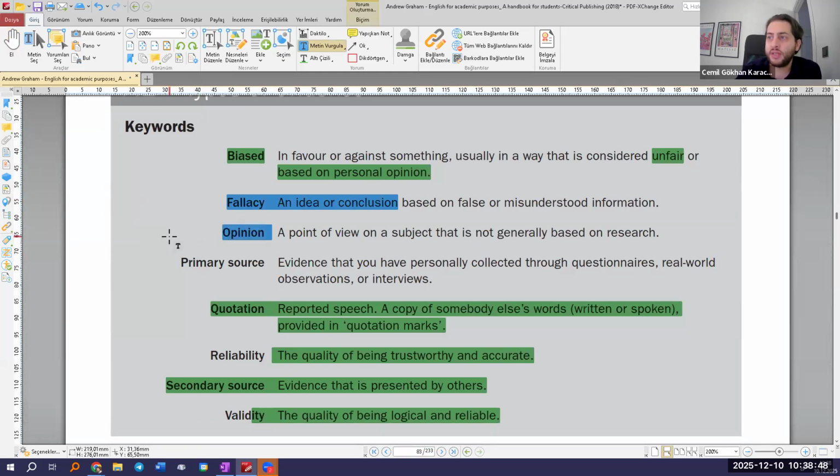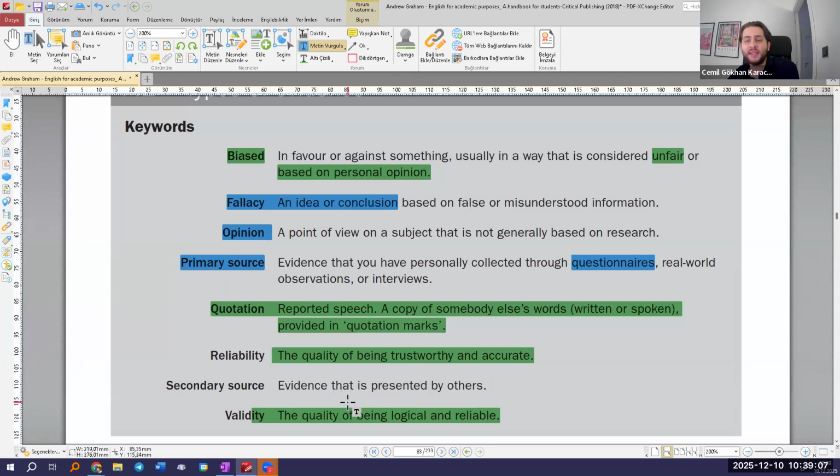And primary source is the evidence that you have personally collected through questionnaire, real-world observation, interviews, data, statistics. If it's primary, it means that you found it. But if it is secondary, it means that you are using, let's say, data produced by other people.